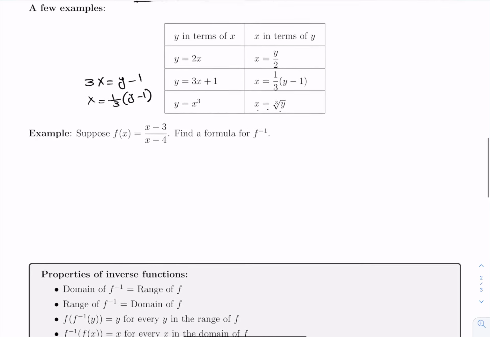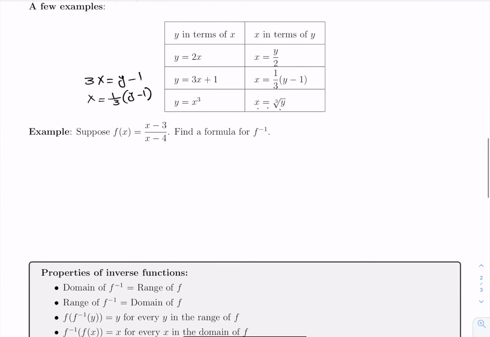Let's give this a try. f of x equals x minus 3 divided by x minus 4. Find a formula for f inverse. I'll begin with y equals x minus 3 divided by x minus 4 and solve this for x.